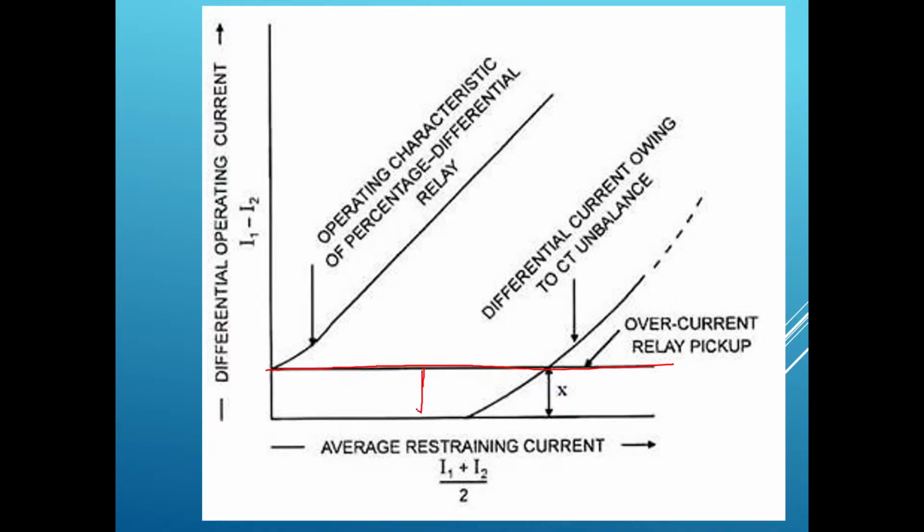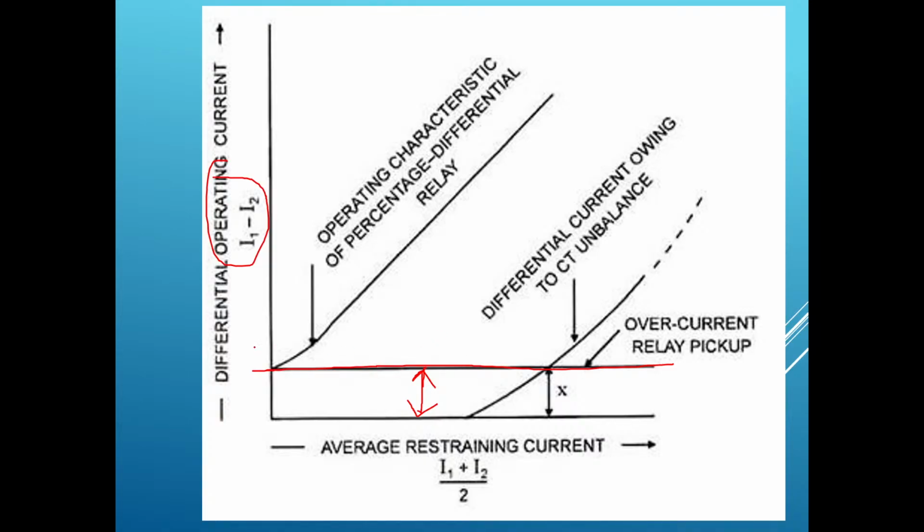We are not giving any number here. It depends on the equipment which is to be protected, its ratings. Depending on the rating of the equipment to be protected, the relay operating current will change. So until the required amount of differential current flows through the relay, it will never operate.